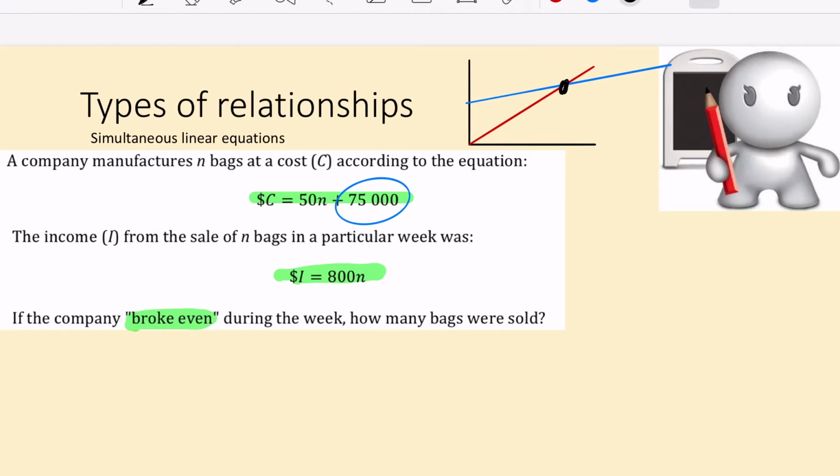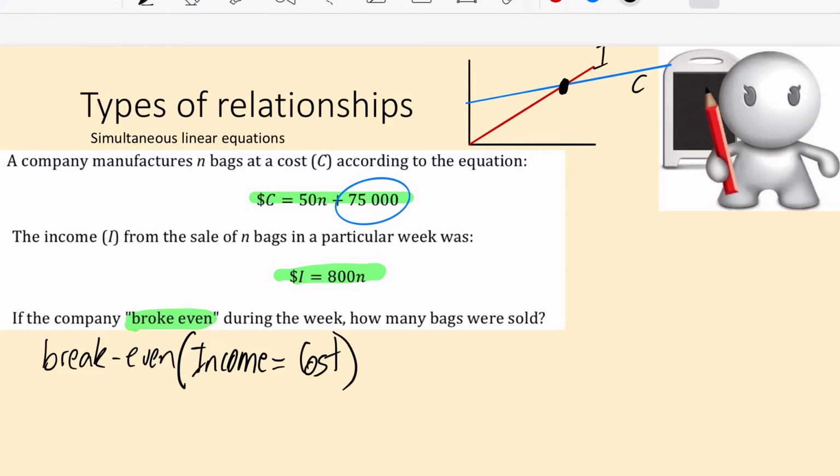And where they cross over is where I equals C, and that's called the break even. So the break even is where income equals the cost, and that's how we link up these two formulas. Okay, so this is break even.